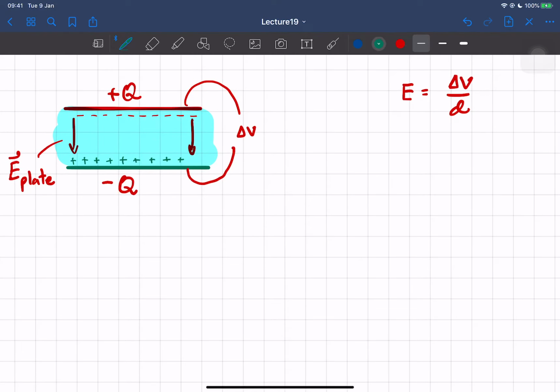So then what happened? Because you have positive and negative charge on the dielectric itself, this charge will also create some electric field. And the electric field is going to point top to bottom, this way. So this electric field is E from dielectric, which points in the opposite direction as the plate.